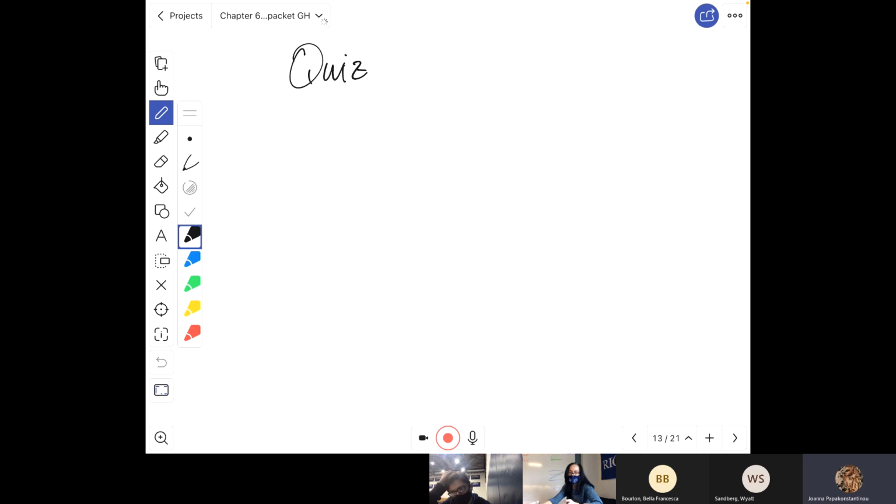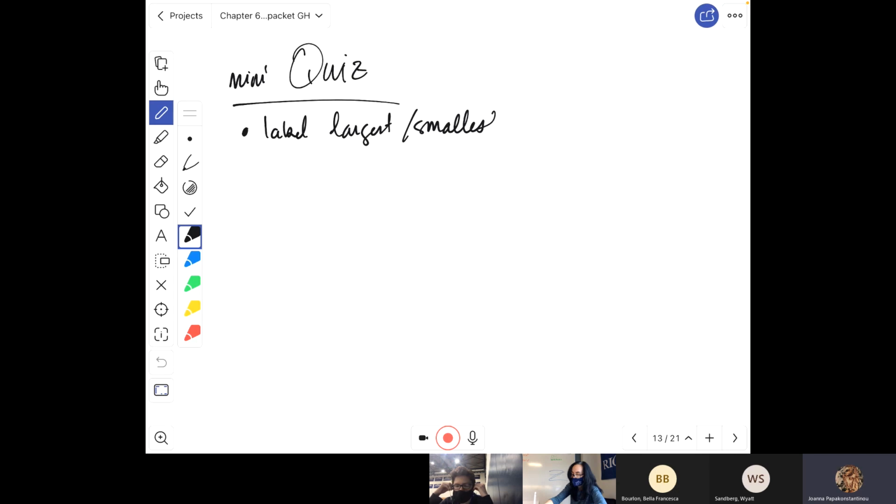So if we think about it, again, I want to stress that this is a little mini quiz. It's not hard. One thing that we talked about was labeling the largest or the smallest, or largest to smallest, angles or sides. Remember, we did it from least to greatest, and we set up that little extended inequality from last week.